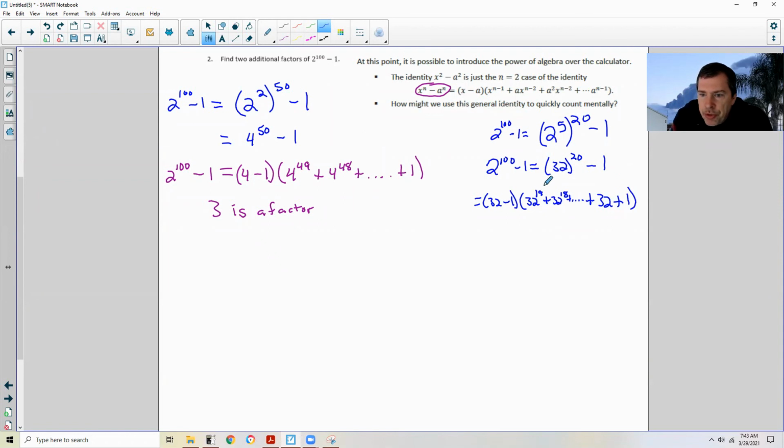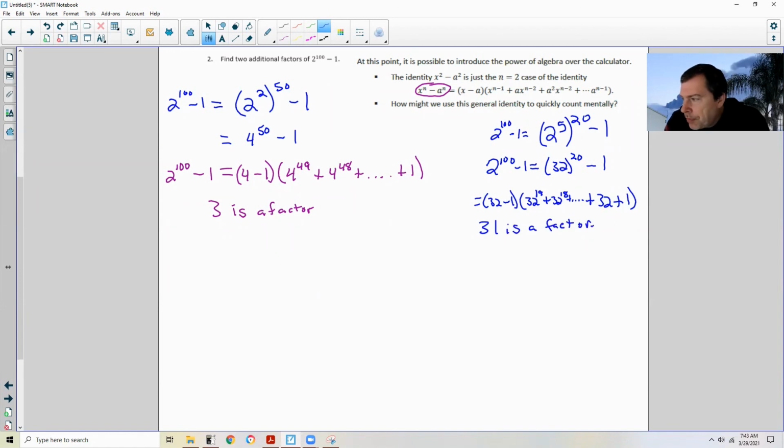Okay, so we get 32 to the 19 plus 32 to the 18 plus 32 to the 17, 16, 15, 14, 13, all the way out to 32 to the first power plus a 1 at the end. So this tells us that therefore 32 minus 1 is a factor as well.